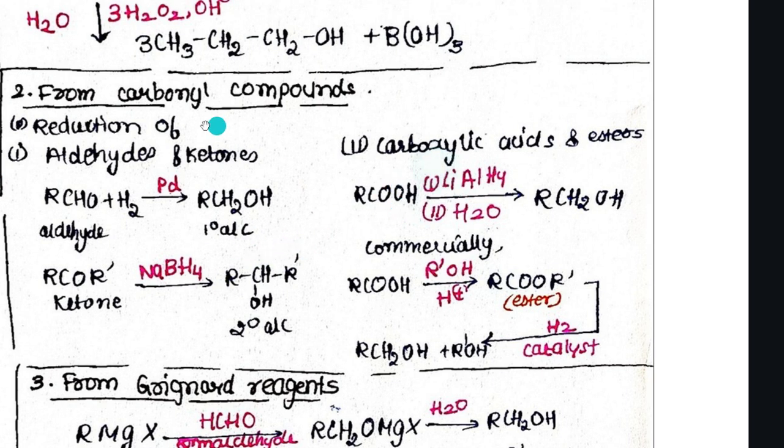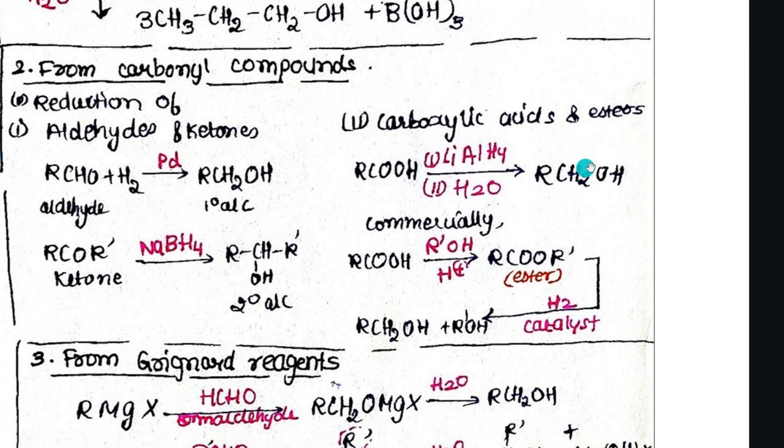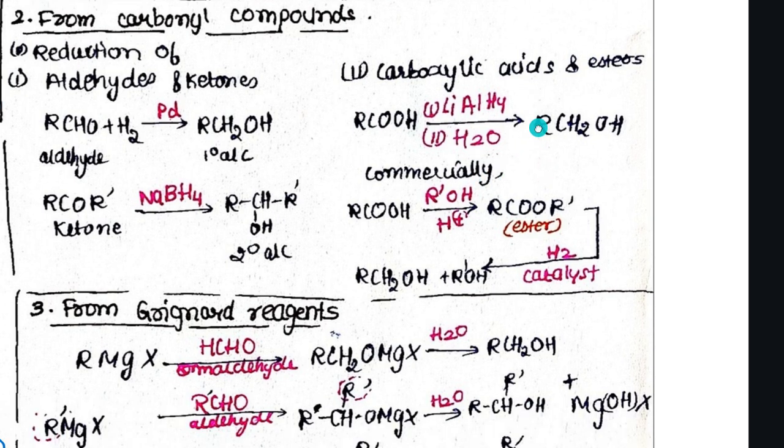Now coming to the second method under carbonyl compounds, that is from carboxylic acids and esters. This RCOOH, that is carboxylic acid, on reduction with LiAlH4 and the second step H2O, will give us RCH2OH. Now commercially, this RCOOH on reaction with another alcohol, that is R'OH, and acidification with H plus will give us RCOOR', which is an ester.